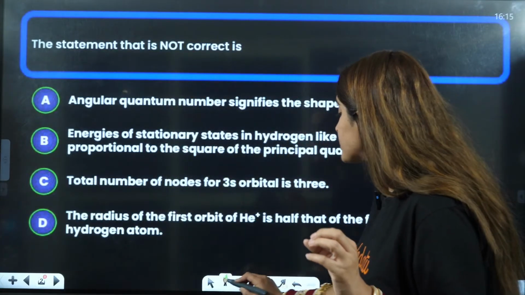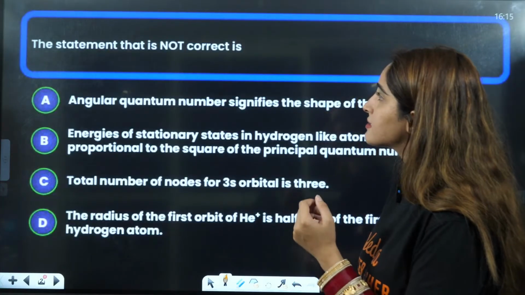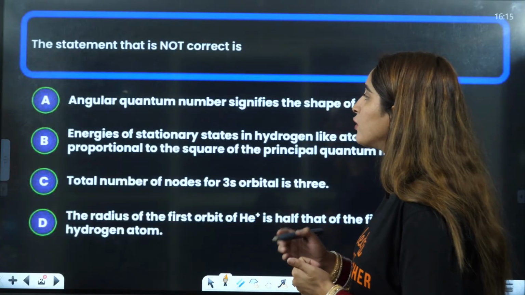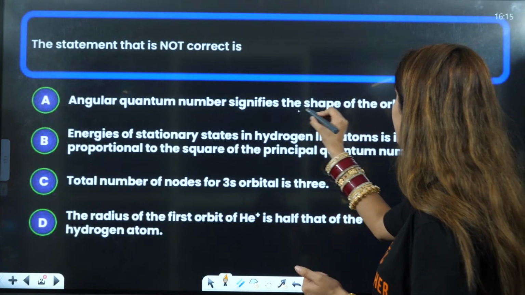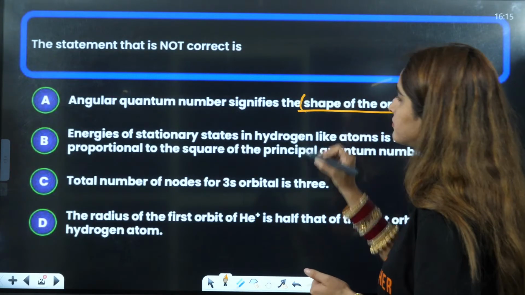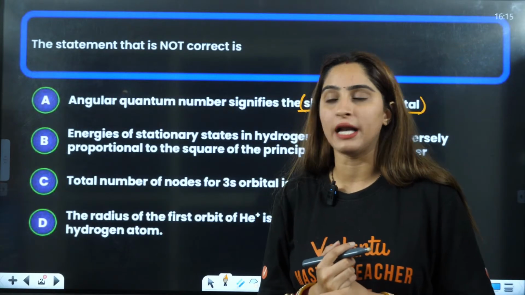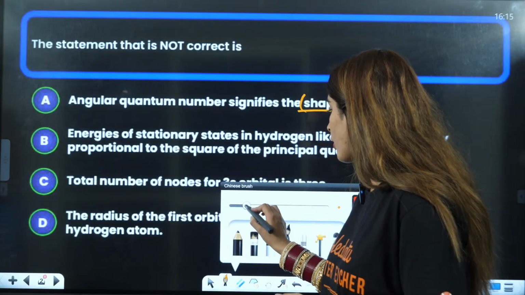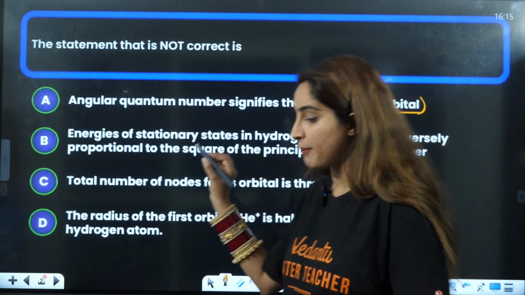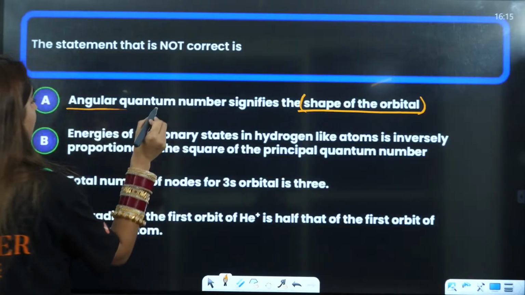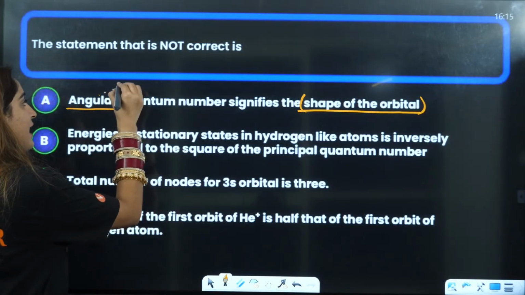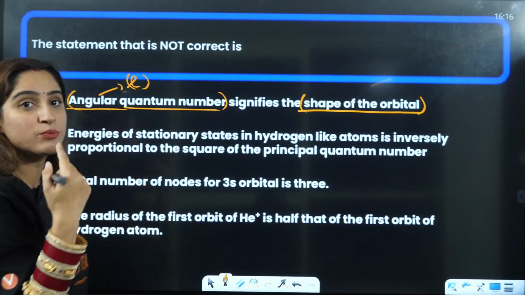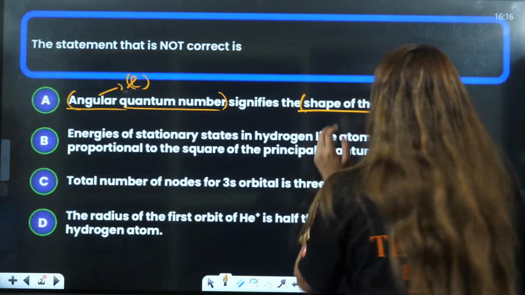First question, as you can see on your screen, is to find the statement that is not correct. First: angular momentum number signifies the shape of the orbital. Angular quantum number means they are talking about the azimuthal quantum number. In angular momentum, we use l. So the angular quantum number is nothing but the azimuthal quantum number, which signifies the shape of the orbital.